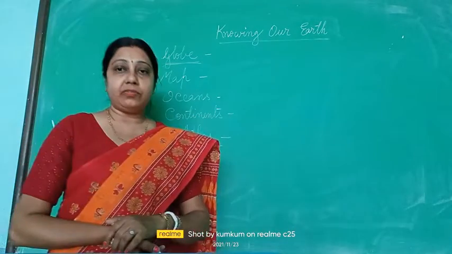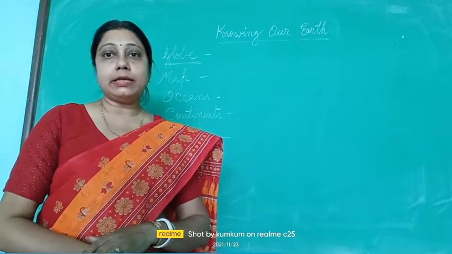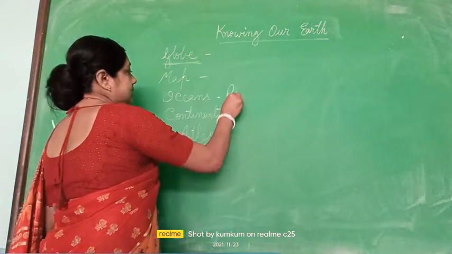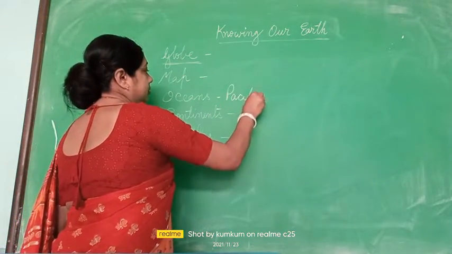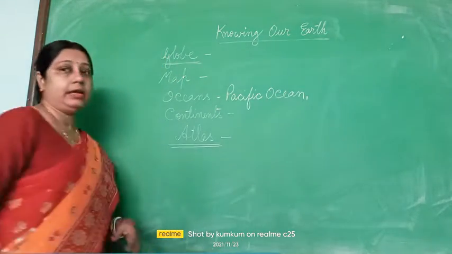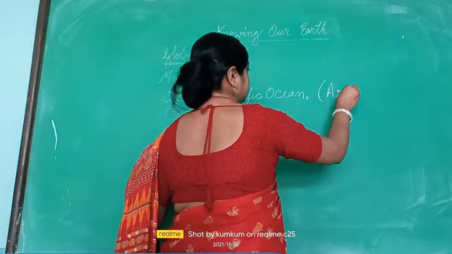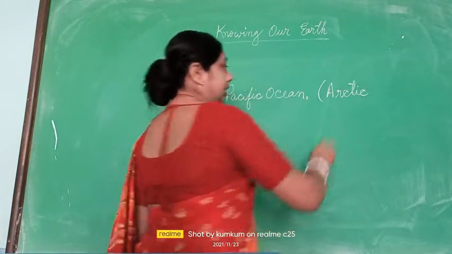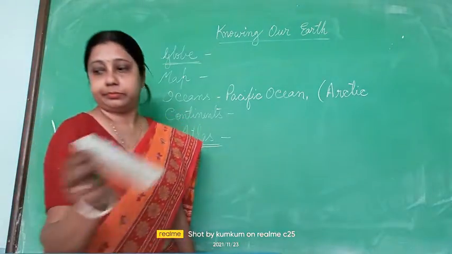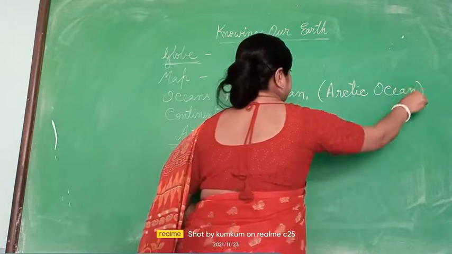Among them, the Pacific Ocean is the largest one, and the smallest one is the Arctic Ocean.